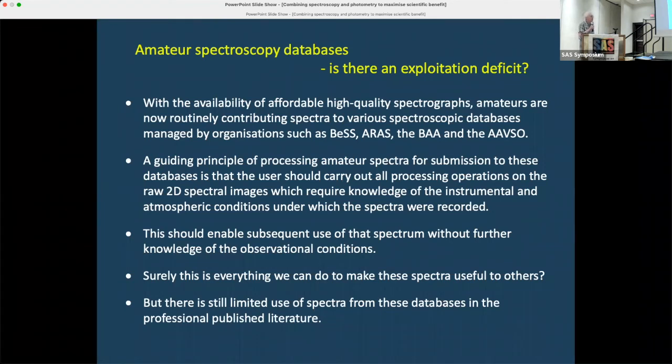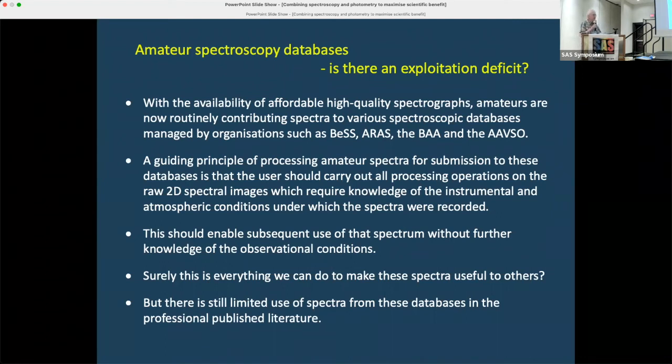Next slide. We now have available to us a number of high-quality spectrographs. Amateurs are routinely using those to contribute data to various databases that have been set up. The guiding principle of processing amateur spectra is that we should be carrying out all of the processing operations on our raw 2D spectral images that require knowledge of the instrumental and atmospheric conditions under which the spectra were recorded.